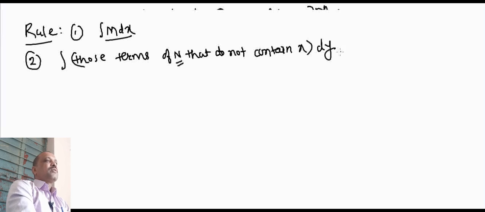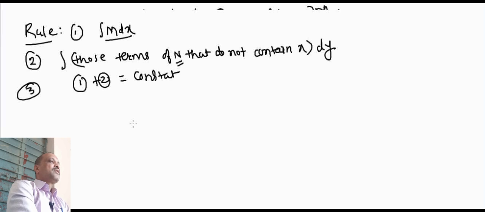And third, equate 1 plus 2 to a constant. This is the very short rule of finding the solution of an exact differential equation.